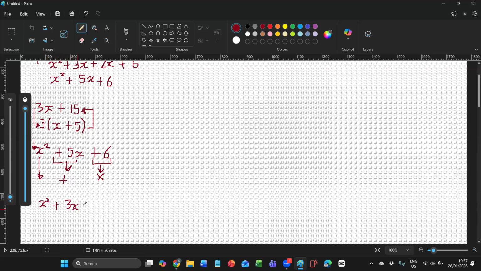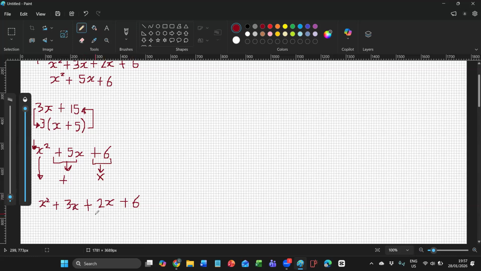So first replace the middle term with the two terms that you found. Of course, don't forget to append the x to them, because that's the only way you will have 5x. Then don't forget to put your plus 6 so that the expression is complete.